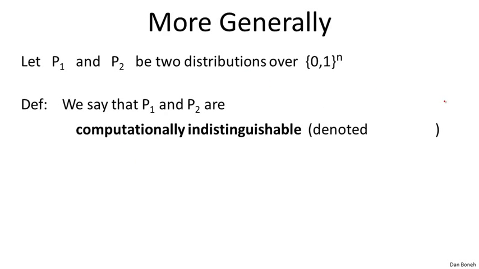Now, before we end this segment, I want to generalize a little bit what we did and introduce a little bit of important notation that's going to be useful throughout. We're going to generalize the concept of indistinguishability from uniform to indistinguishability of two general distributions. Suppose I give you P1 and P2, and we ask, can these two distributions be distinguished?